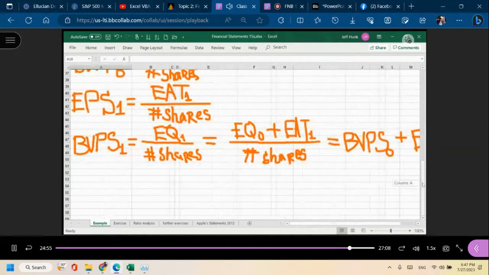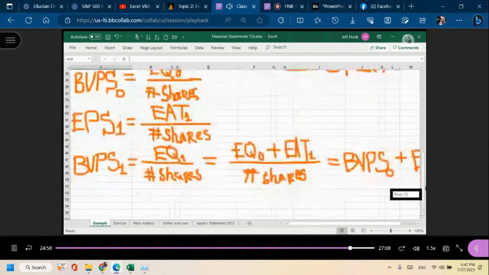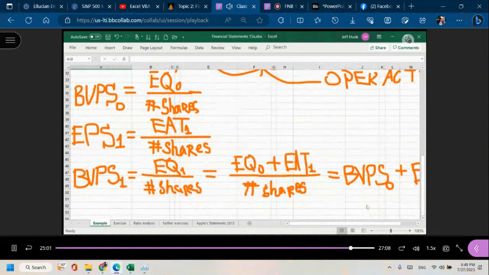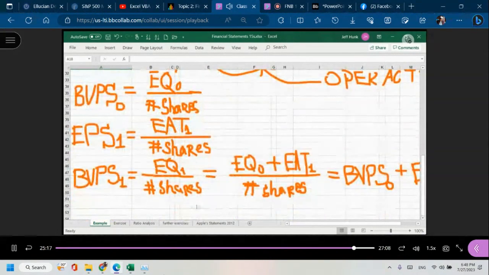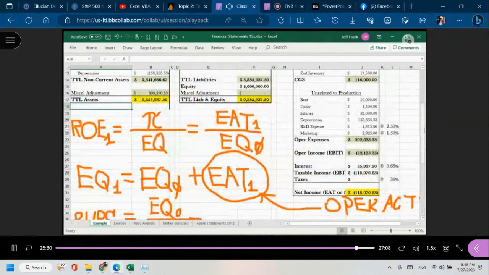But this mechanism explains very succinctly how these concepts are related. Okay, so that wraps up our discussion about the intro to financial statements.